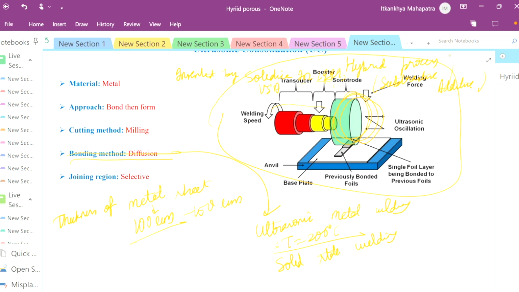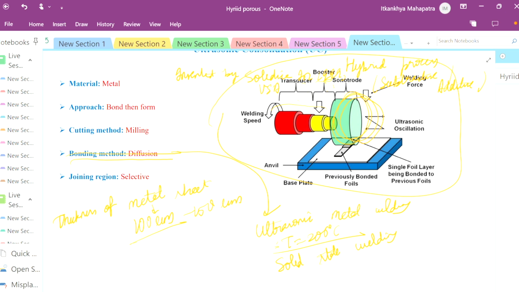Now, what is the function of the transducer? It will convert the electric energy into mechanical energy, and the bonding mechanism is diffusion. The ultrasonic welding is applied to the raw material, which is our metal sheet, with a thickness of 100 to 150 micrometers.